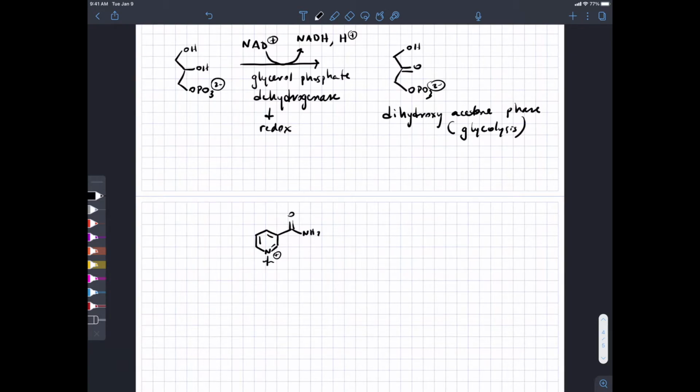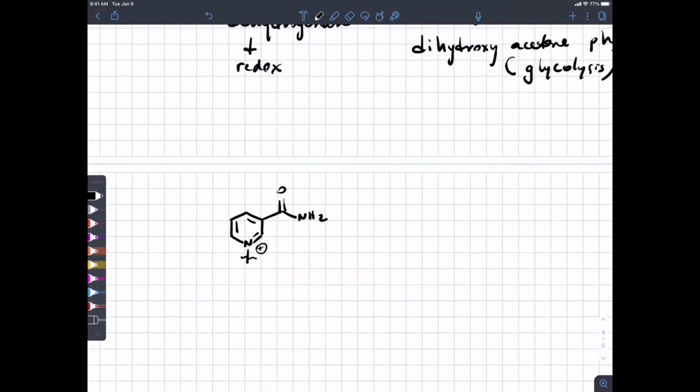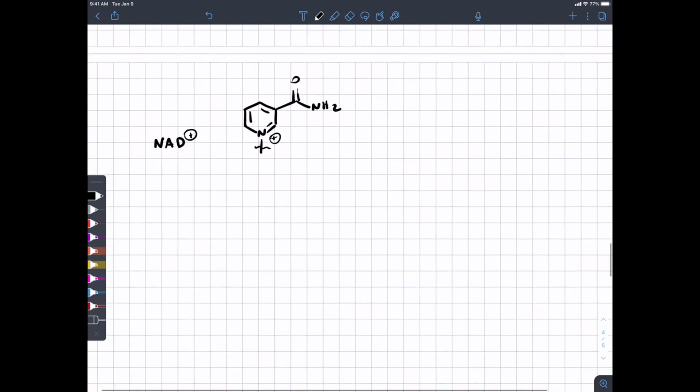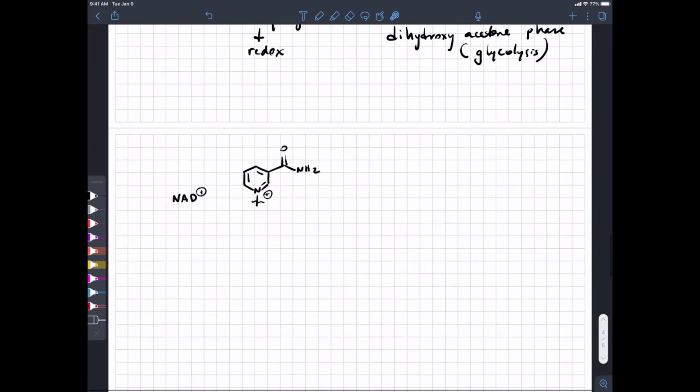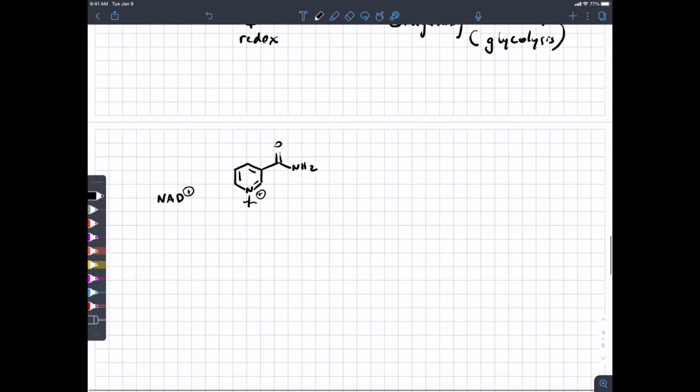Here is the sort of business end of this molecule. And NAD stands for nicotinamide adenine dinucleotide. So it turns out there's a ribose here, a couple phosphate groups, another ribose, and then the adenine base. But this is the portion of the molecule that does redox chemistry.